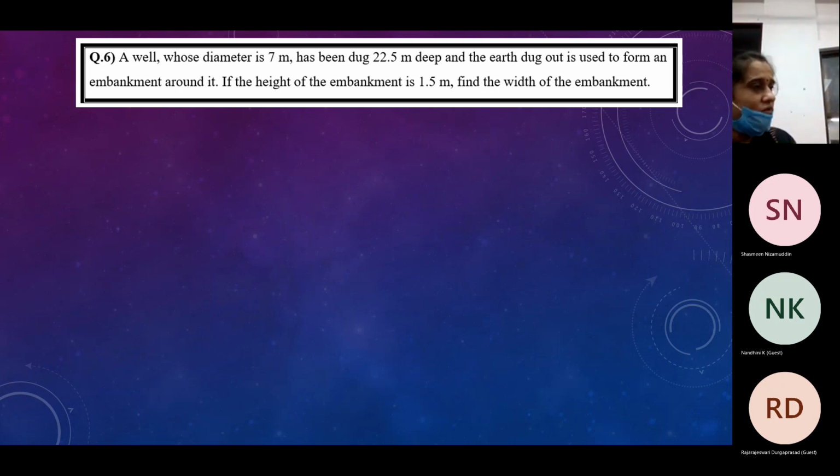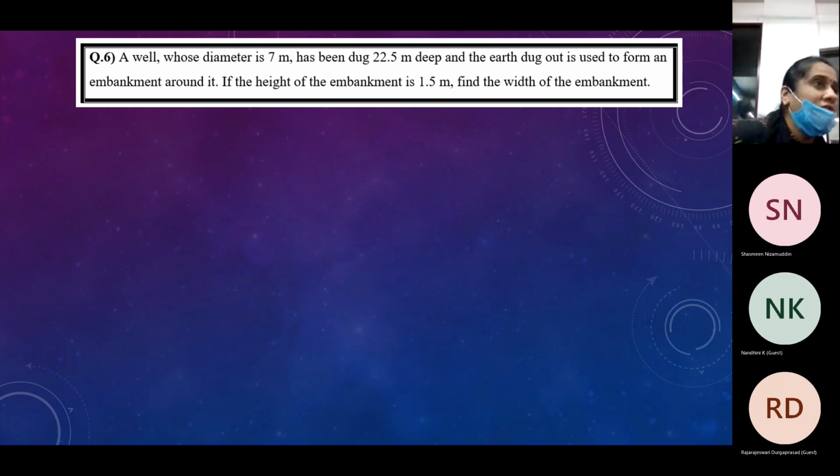So you can find anything for the well because you know radius and height. And the earth dug out: when the well is dug, earth is removed, right? The earth which is removed is used to build the protective wall around the mouth of the well.